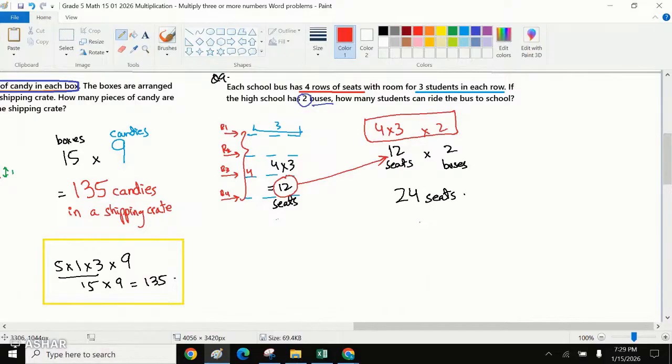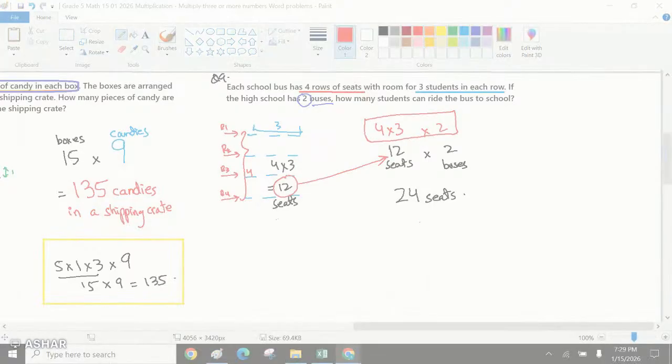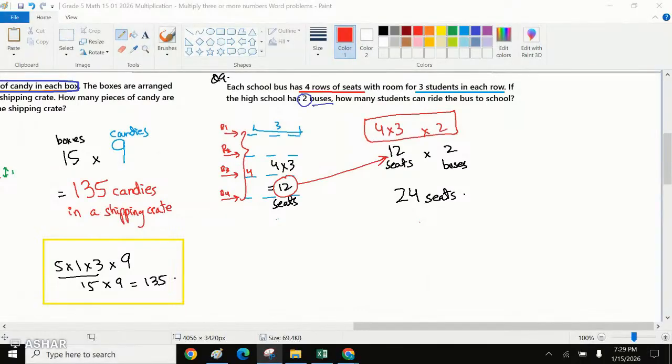Okay, let's try another question. A store sells boxes of tissues. Okay, let's see what happens to this. Just a moment, please.